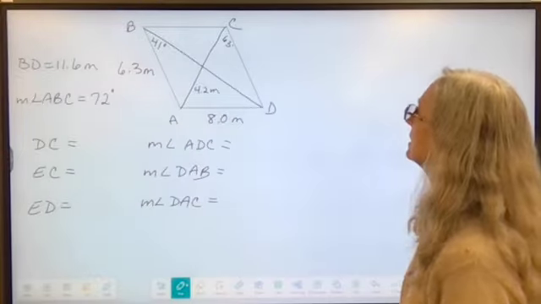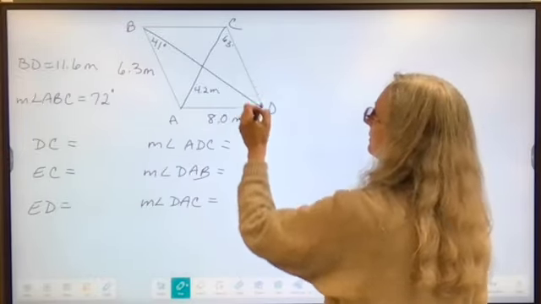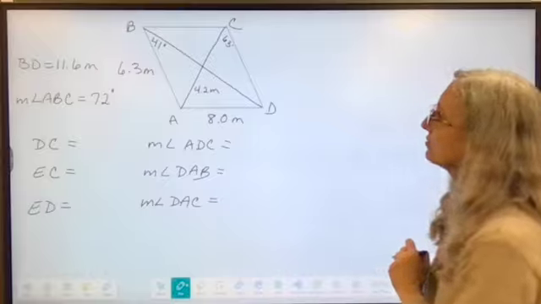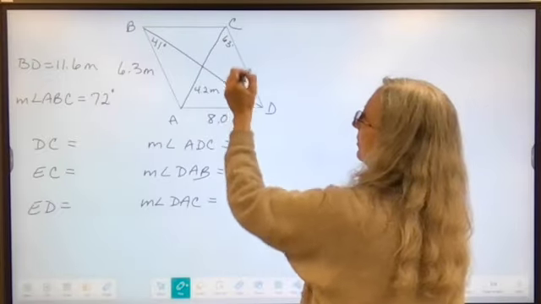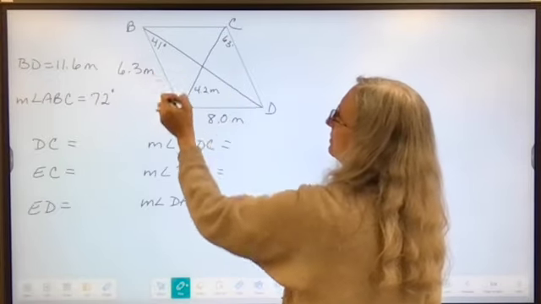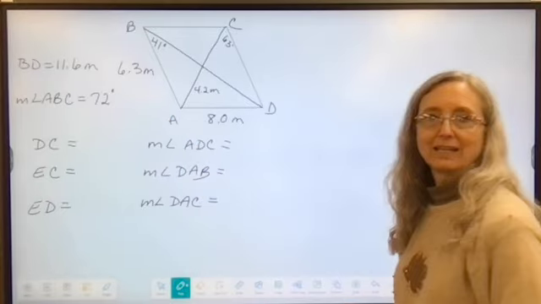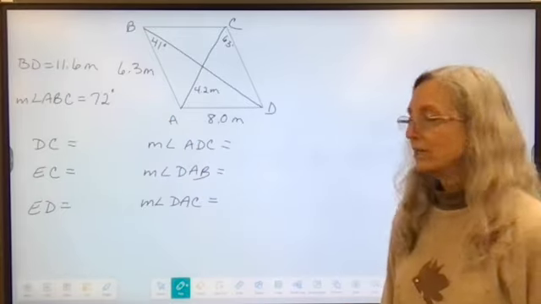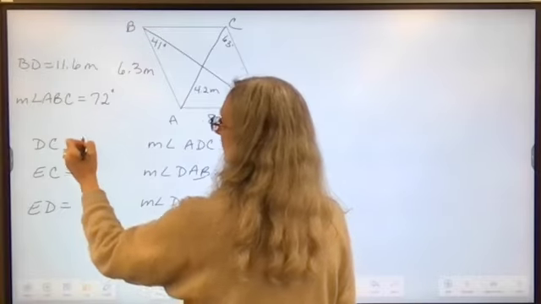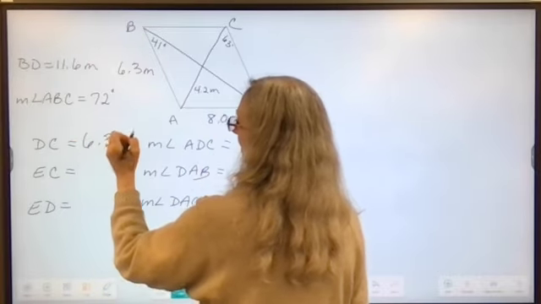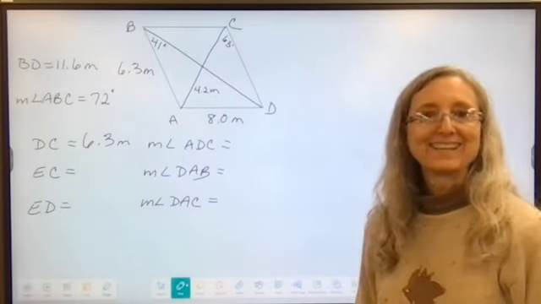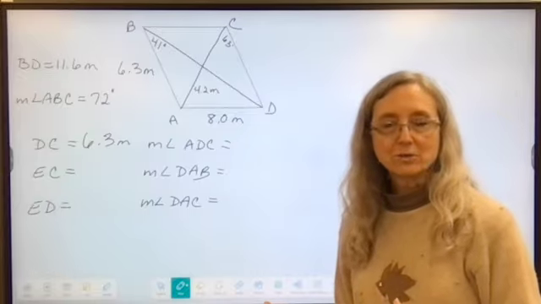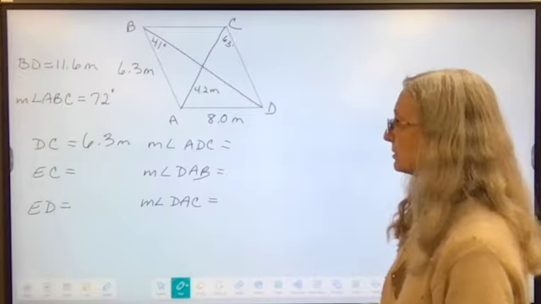So DC is this side right here. Because it's a parallelogram, it should be congruent with AB, and AB is labeled 6.3, so DC is also 6.3 meters. Knowing these characteristics helps you to solve these kinds of problems.